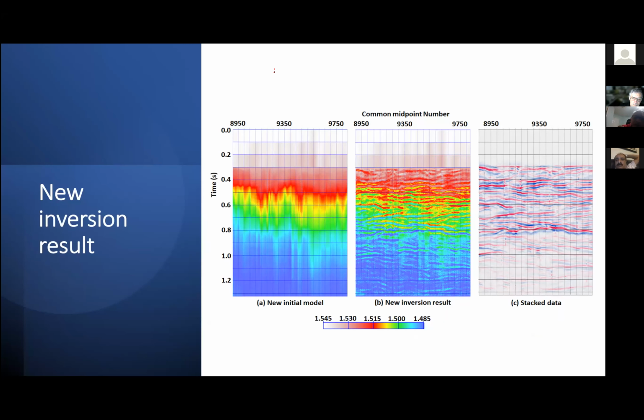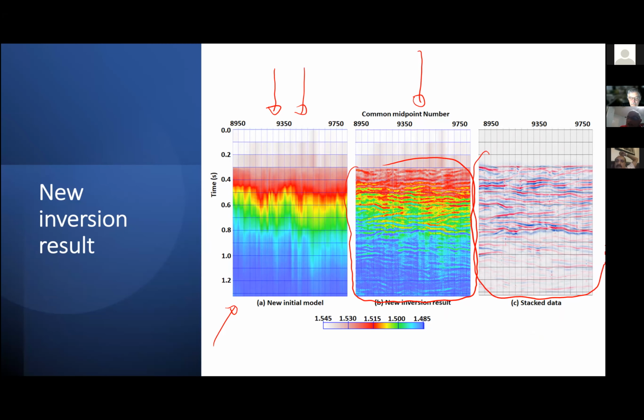We started with this initial model. As you can see, the initial model used in Amit's work was guided through the horizons. Here there is no horizon guidance, but I got this inverted model. Now you compare all these features in the inverted sound speed with the stack data.